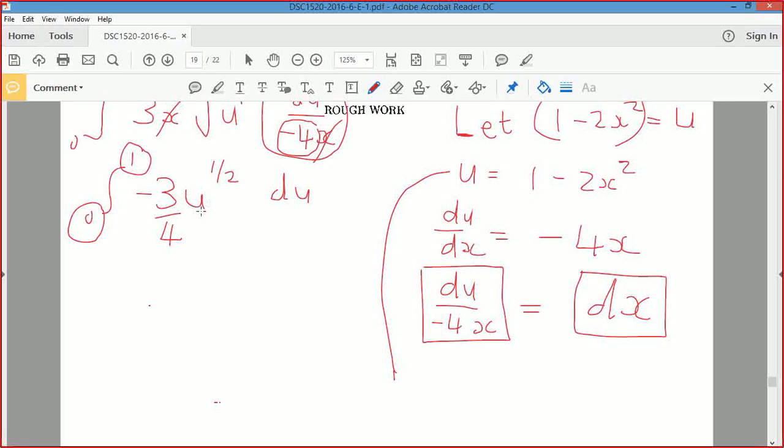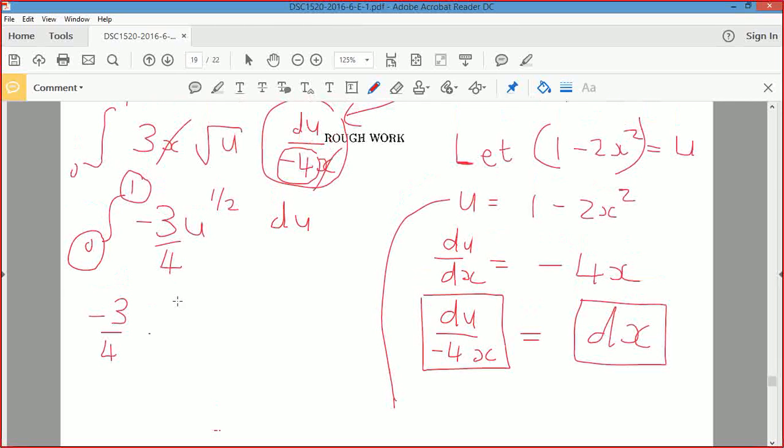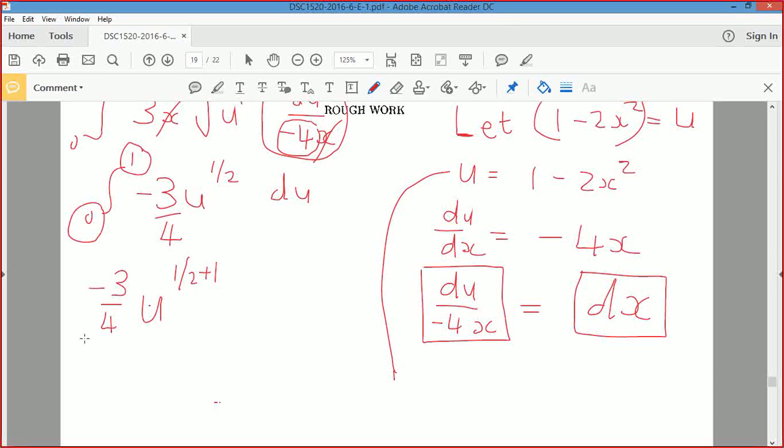The integration says I need to add 1 to the power and divide by the new power. So I'm going to have minus 3 over 4, u to the 1 over 2 plus 1, divided by 1 over 2 plus 1.